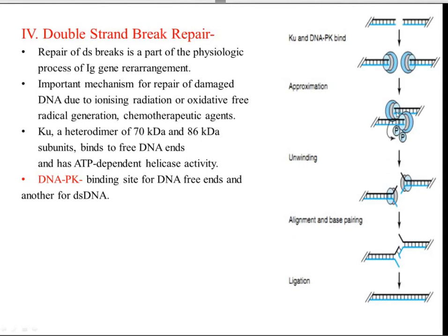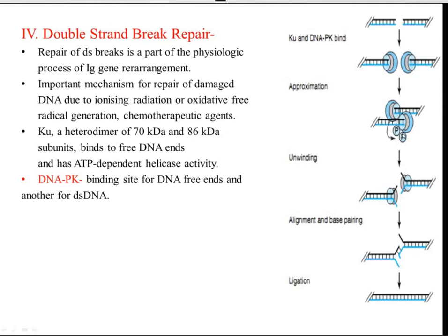Now, due to this binding, the protein kinase activity of the DNA PK will be activated and phosphorylation will take place. Once phosphorylation has taken place, there will be approximation of the two such strands, one about the other.